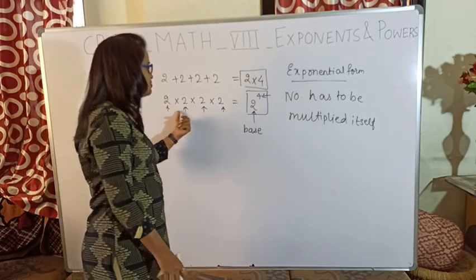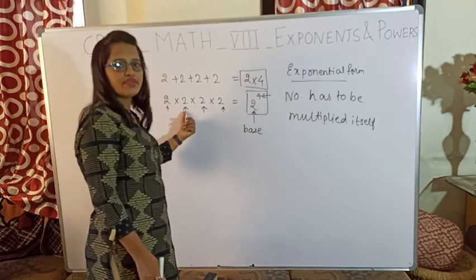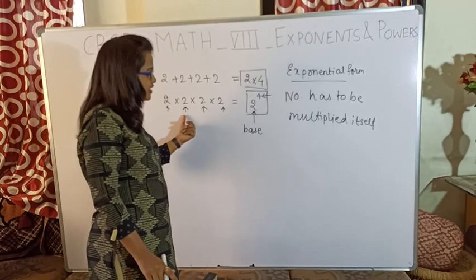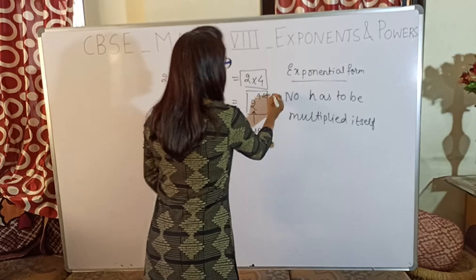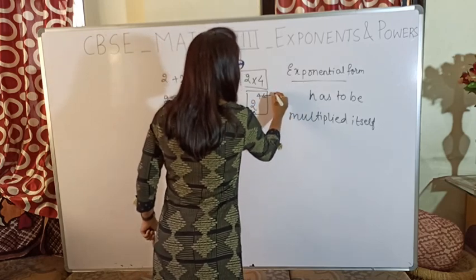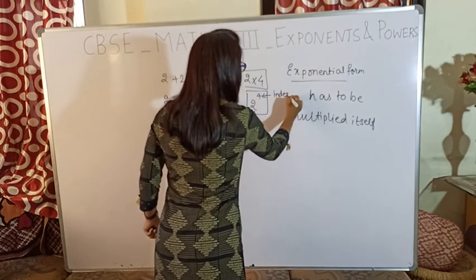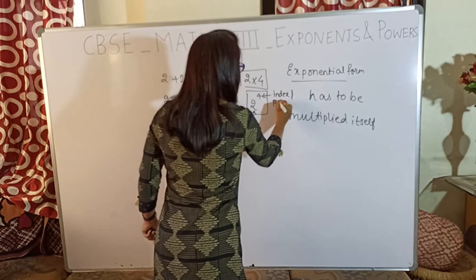Now this 2 is being multiplied to itself how many times? 4 times, right? Hence, at the index, I have written it as 4. So this is also called the index or power.